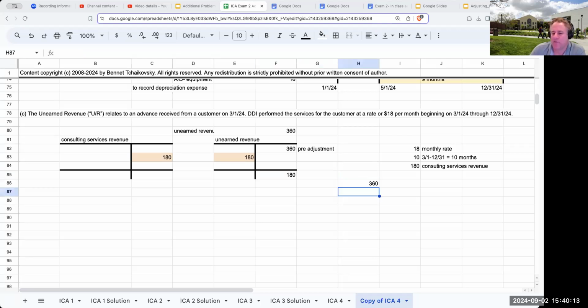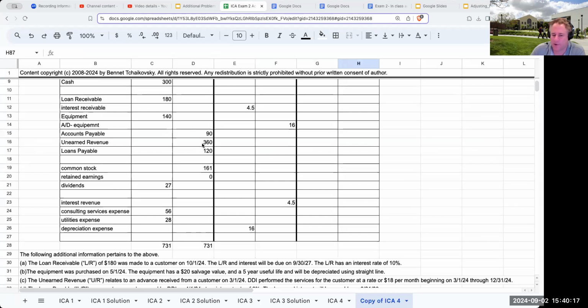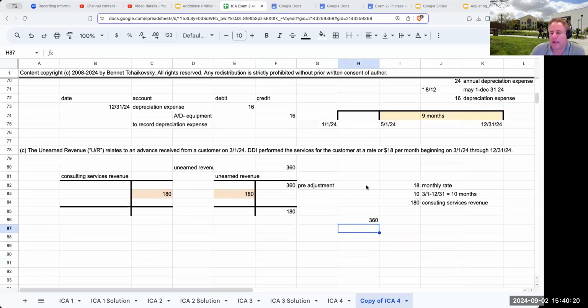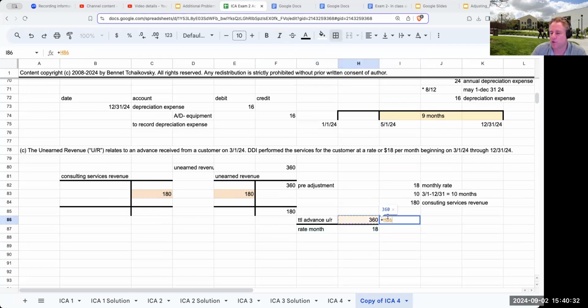Well, if we had a total of a 360 advance in terms of unearned revenue, and my rate per month was 18, this would give me a total of 20 months in advance.